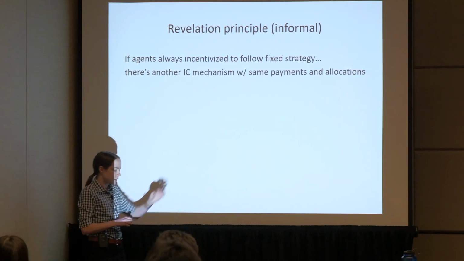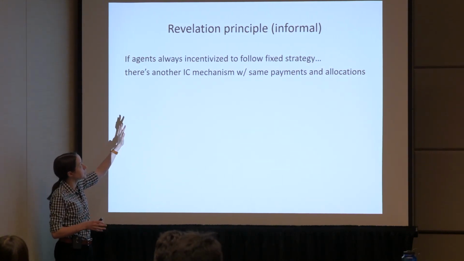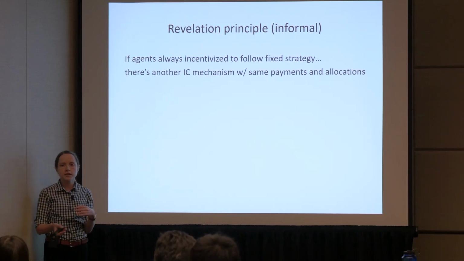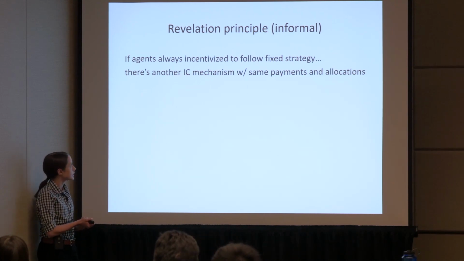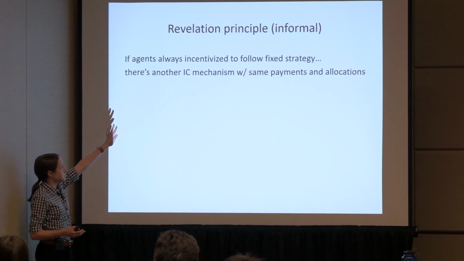Okay, so now I just want to give you an idea of a fundamental principle in mechanism design, which basically says that we can assume incentive compatibility holds without loss of generality. And this is called the revelation principle.